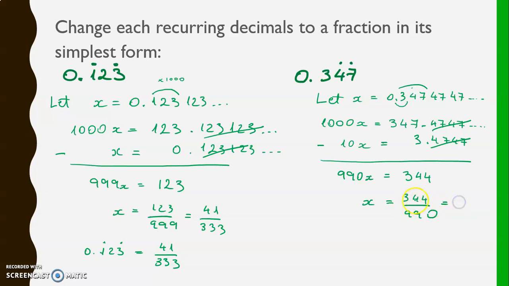Go ahead, use your calculator, or just do it if you are allowed. Yes, you are in the IGCSE, you are allowed a calculator in this exam. If you are doing GCSE maths, depending on where this problem appears, you might have access to a calculator or not. So this is 172 over 495.